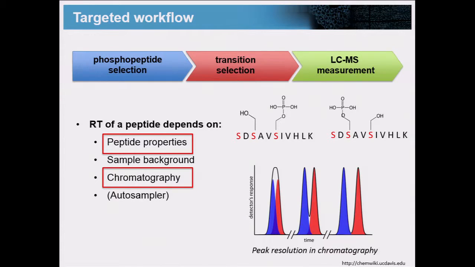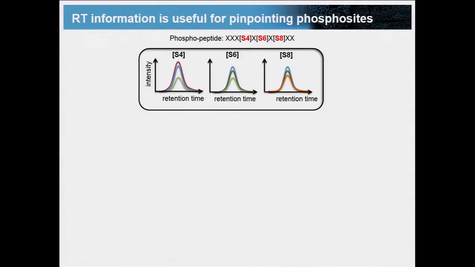Separating them relies on chromatography, so we need enough peak resolution so that two different phosphopeptide isomers do not coelute in one peak, but are separated into two peaks. So the idea is to use retention time information to pinpoint phosphosites.